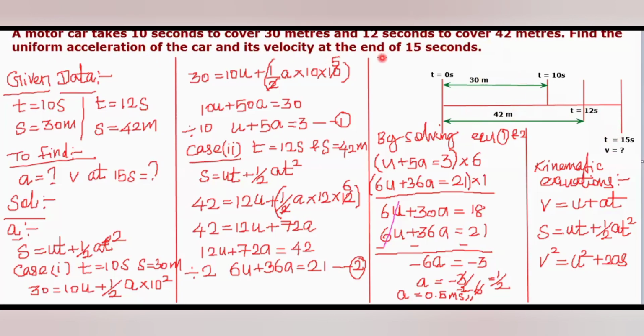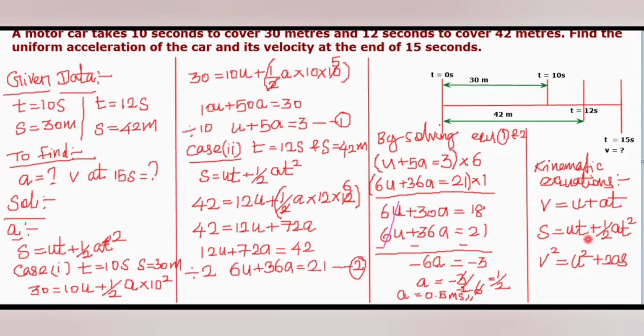First, we noted the given data. At t equal to 10 seconds, the distance is 30 meters; at 12 seconds, the distance is 42 meters. Acceleration and velocity at 15 seconds, these two things we have to calculate.